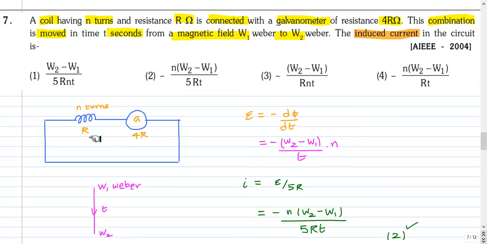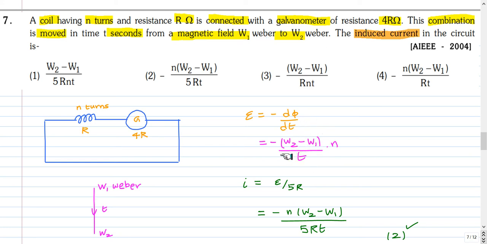So a coil having n turns and resistance R is connected to a galvanometer whose internal resistance is 4R, and the flux linking this coil is changing from W1 Weber to W2 Weber in time t. According to Faraday's law of electromagnetic induction, the induced EMF is minus d phi by dt, where phi is the flux linking the coil. The W1 and W2 are actually the magnetic flux. The unit is Weber. Unit of magnetic field is Weber per meter square.